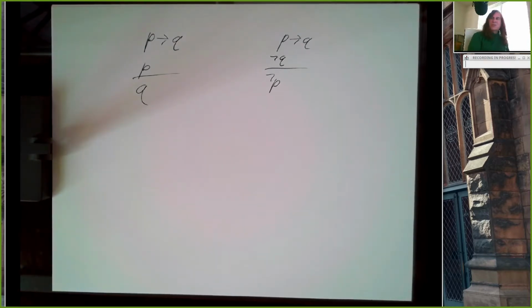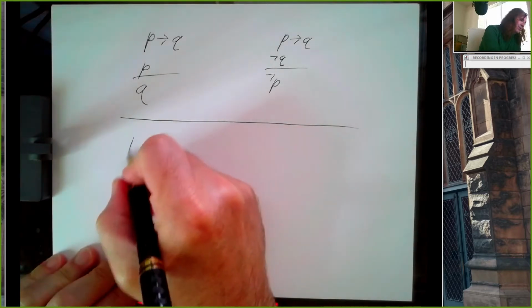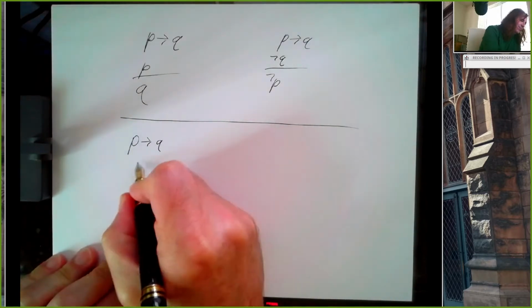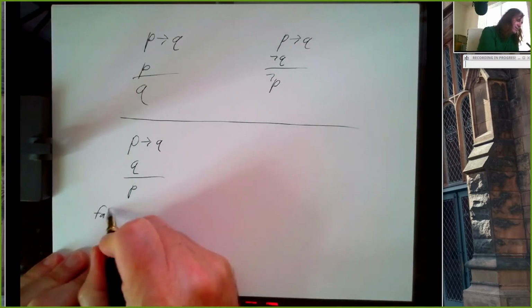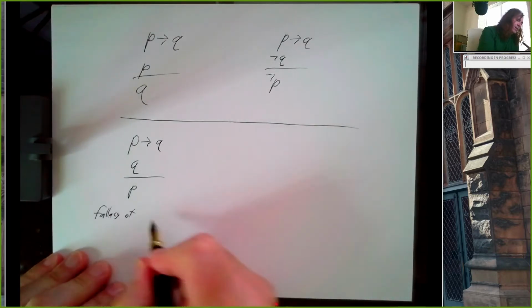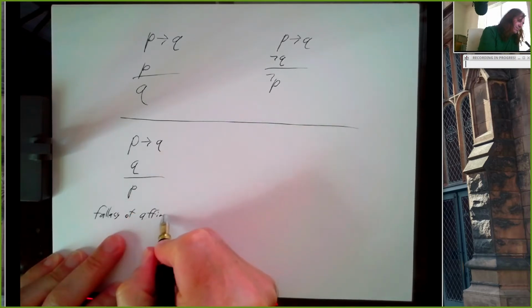But then there's two things that look similar to that, but are actually not laws of logic. They're called fallacies. One of them looks like this. P implies Q, Q, therefore P. And that's a fallacy, and what we're doing here is affirming the conclusion.